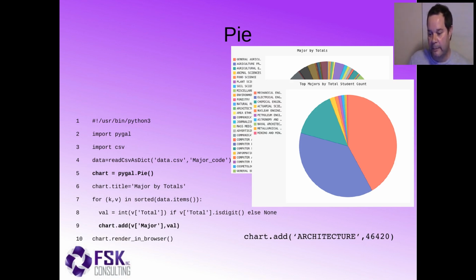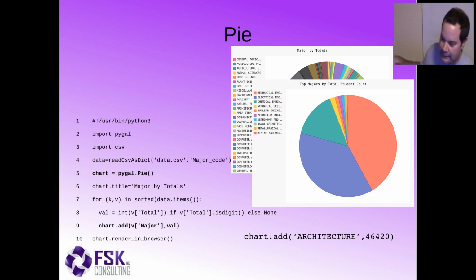Line 5, we created the pie chart, and then we basically added the values. But you'll also notice, pretend that you're in a classroom, you've got no computer, and you want to generate a pie chart. The way that you would do that is you'd write all your values on a whiteboard or a blackboard, then you'd sum them all up, and then for each one of those values you try to figure out what the percentage is.